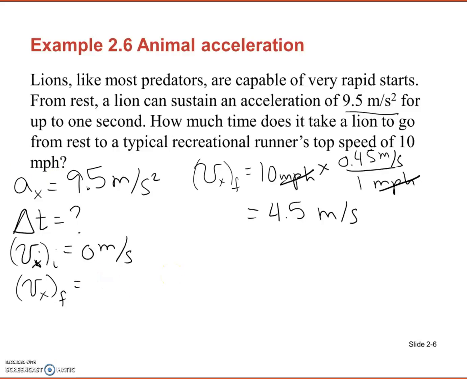I can then write here my final velocity is 4.5 meters per second. Now, what am I asked to find? I'm asked to find how long it takes the lion to achieve that final speed. Well, if I remember from my definition of acceleration, it's equal to the change in velocity in some time interval.